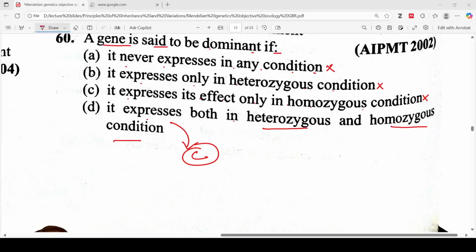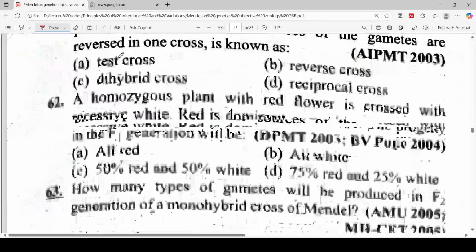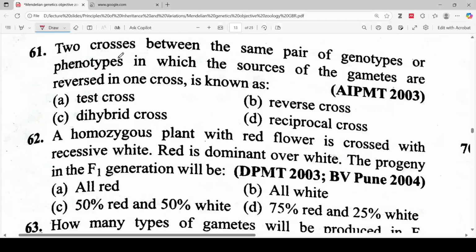Next question, question number 61, two crosses between the same pair of genotypes or phenotypes in which the sources of the gametes are reversed in one cross is known as.